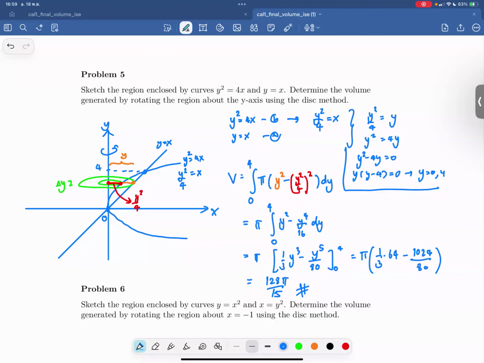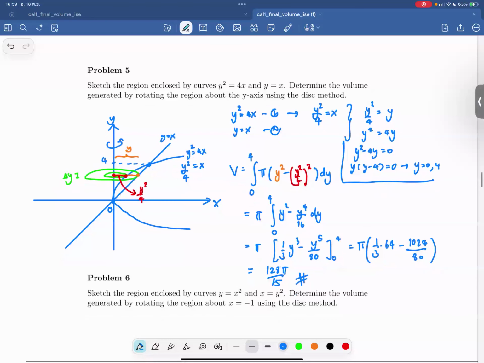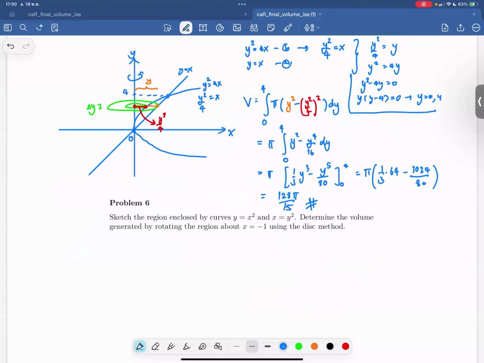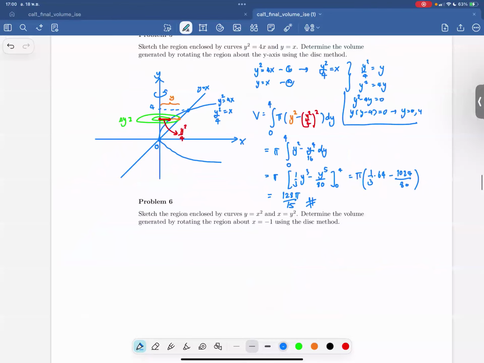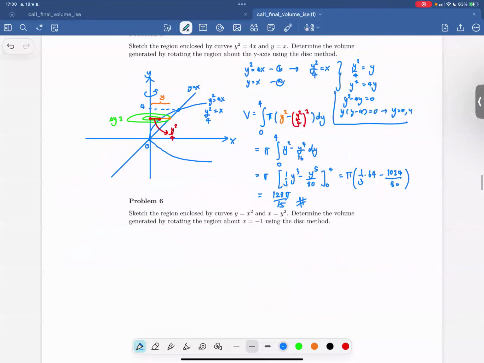Okay, so next, for problem 6, we deal with two parabolas again. The first one, y equal to x squared, is a parabola with the vertex 0, 0, right? And it's upward. And the next one is x equal to y squared.